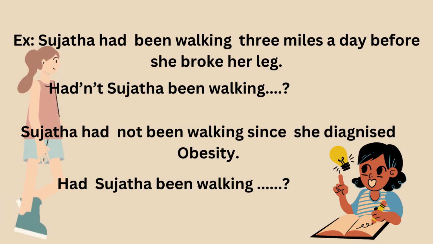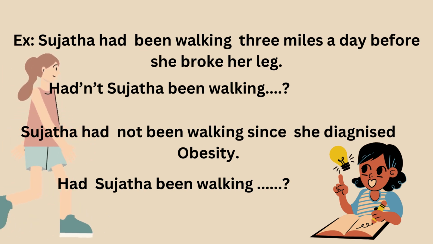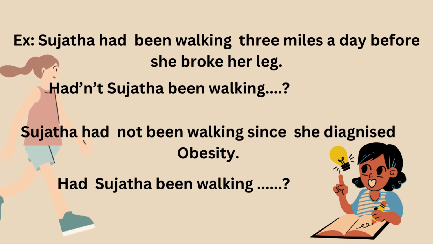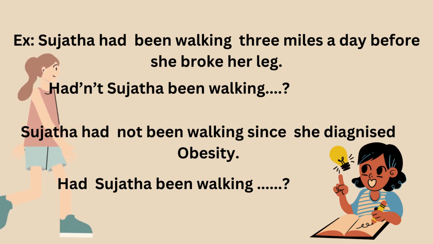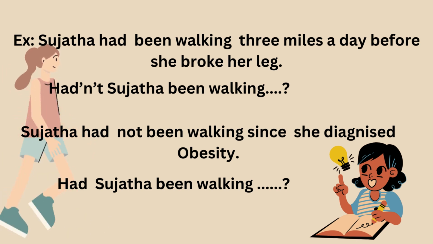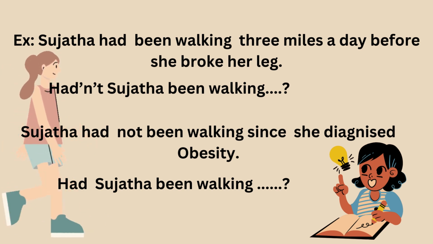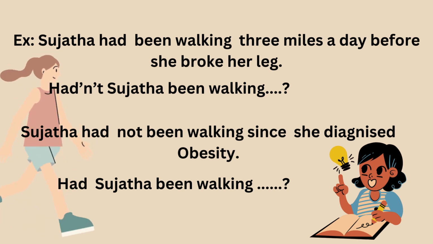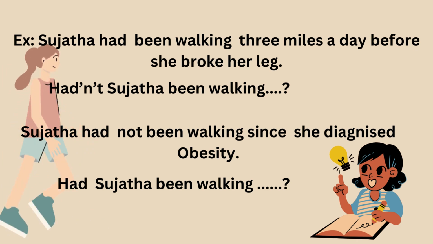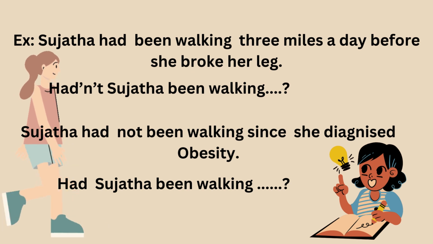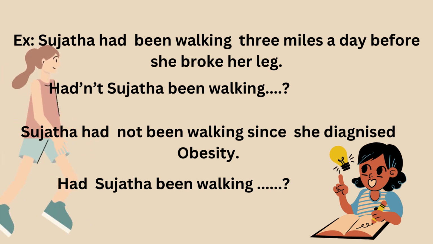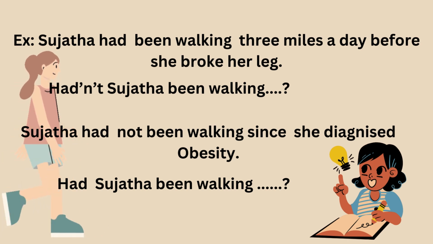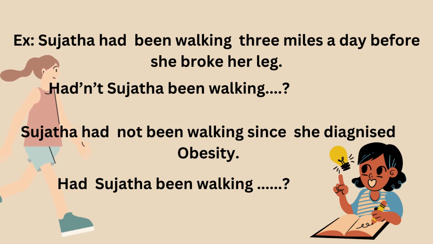Sujata had been walking 3 miles a day before she broke her leg. That means Sujata had a habit of walking 3 miles every day. She started at some point, continued walking, and stopped just before she broke her leg.